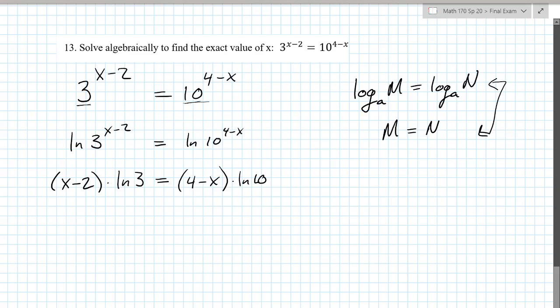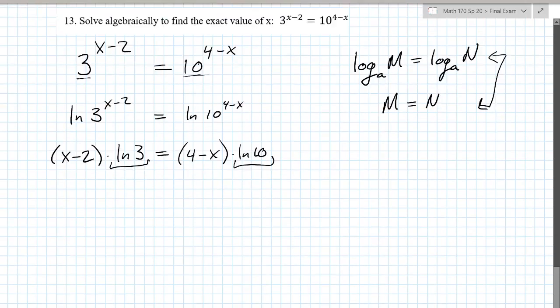Since we need the exact value, we can't just type this into our calculator and get decimal numbers. Those are not exact values. So to make this a little bit easier to work with, I'm going to call A the ln of 3, and I'm going to call B the ln of 10.